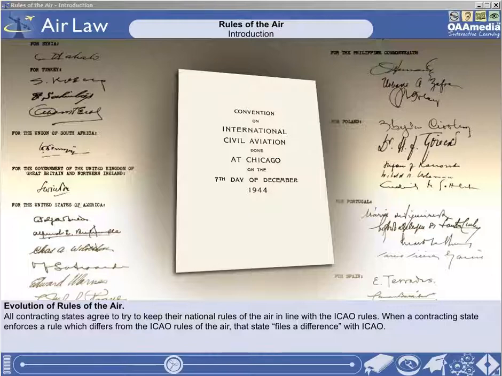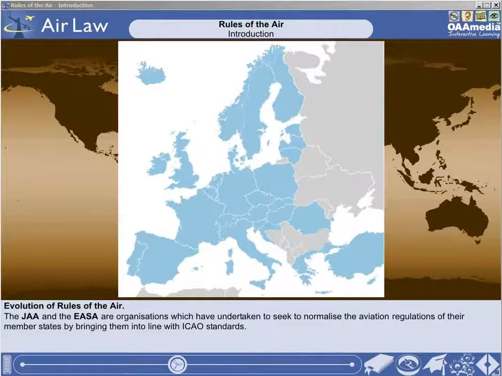Subsequently, in the airspace over which that state has jurisdiction, that state's rule takes precedence over the ICAO rule. The Joint Aviation Authorities and the European Aviation Safety Agency are organizations which have undertaken to seek to normalize the aviation regulations of their member states by bringing them into line with ICAO standards.